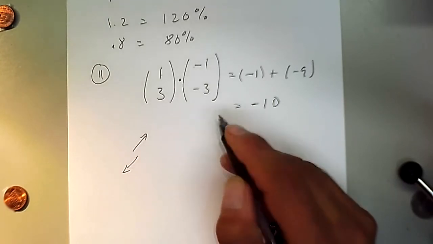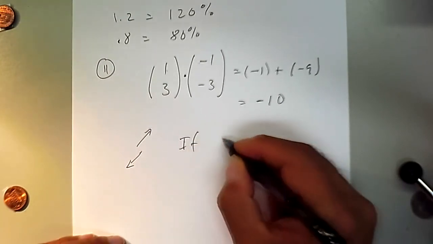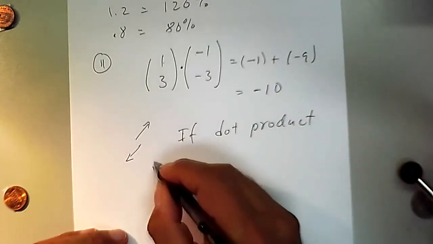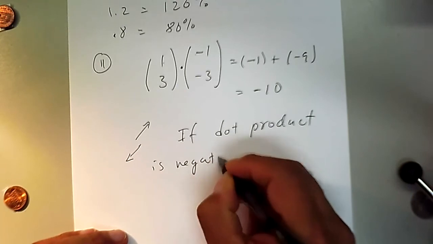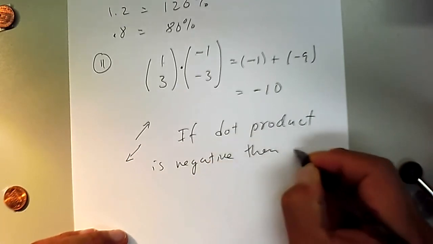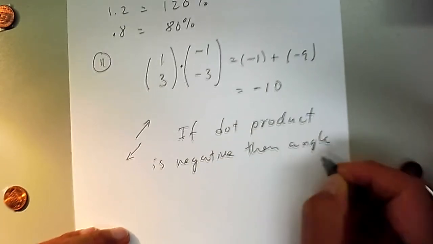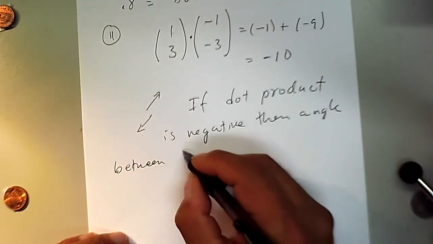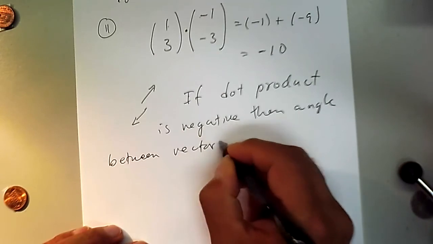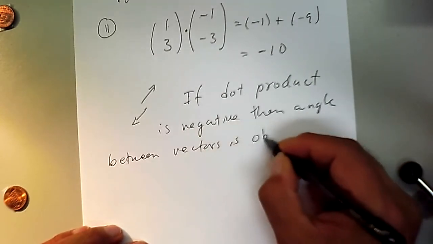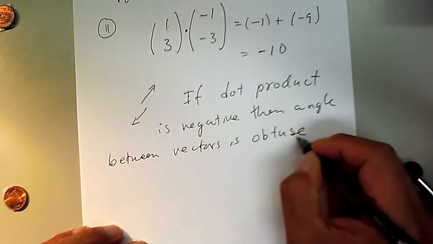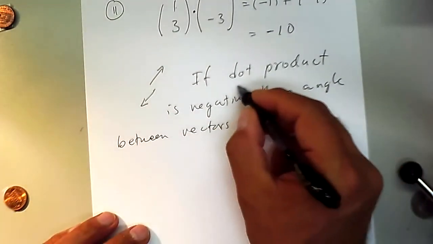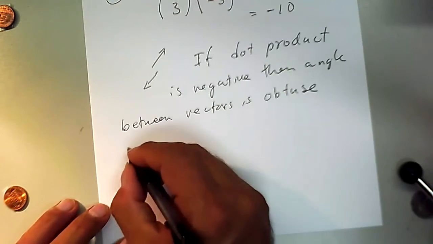So if that product is negative, then the angle between the vectors is obtuse. Okay, let's just do a table.